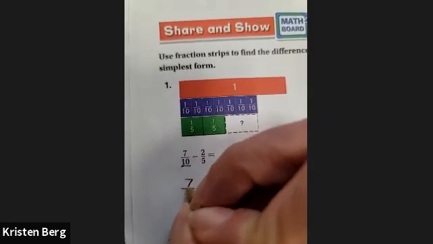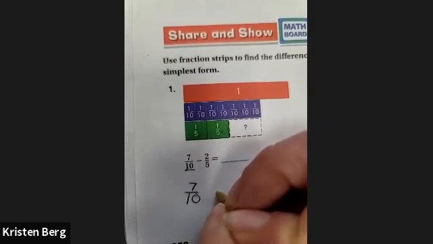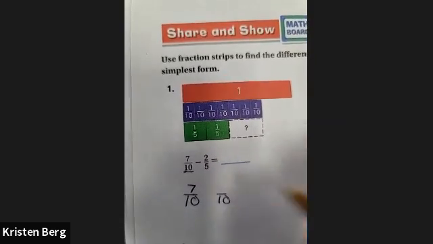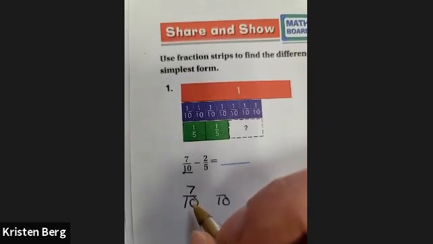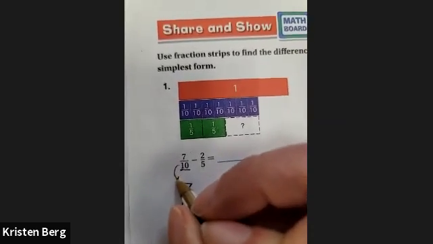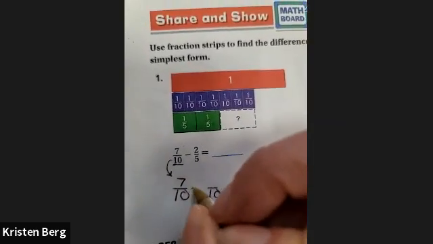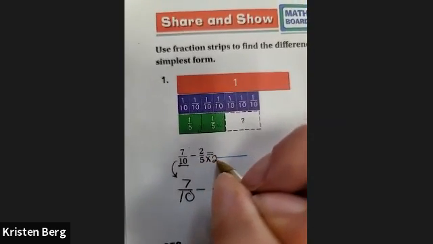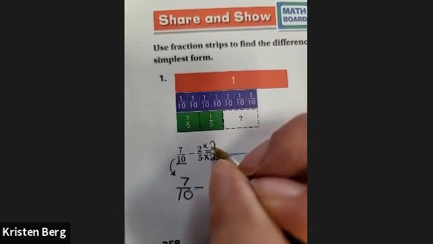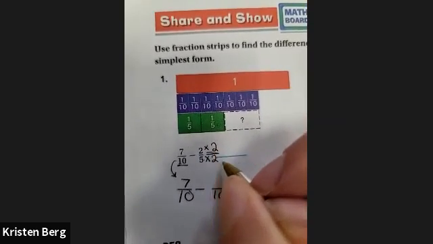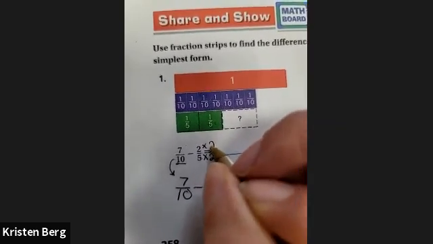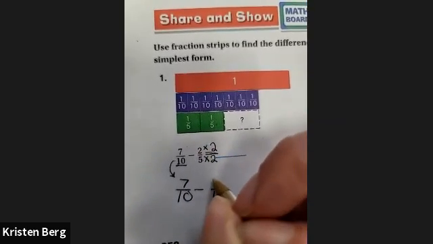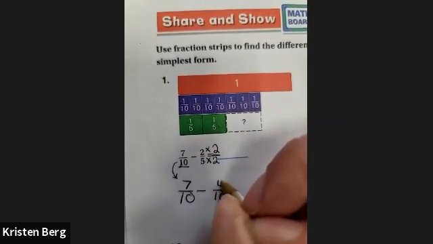So therefore, my common denominator is, I'm going to change these all to tenths. Well, since 7/10 is already in tenths, I am going to just slide it down. But here, what do I do to a 5 to get it to 10? I need to times it by 2. And if I times the bottom by 2, I have to times the top by 2 so that it's 1 whole. So 2 times 2 is 4.